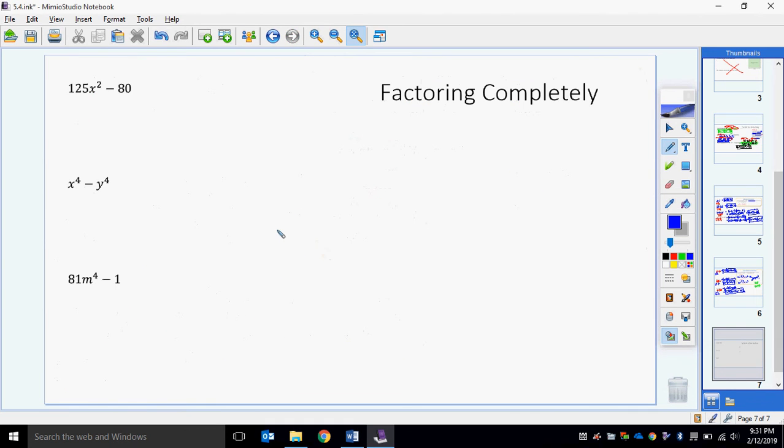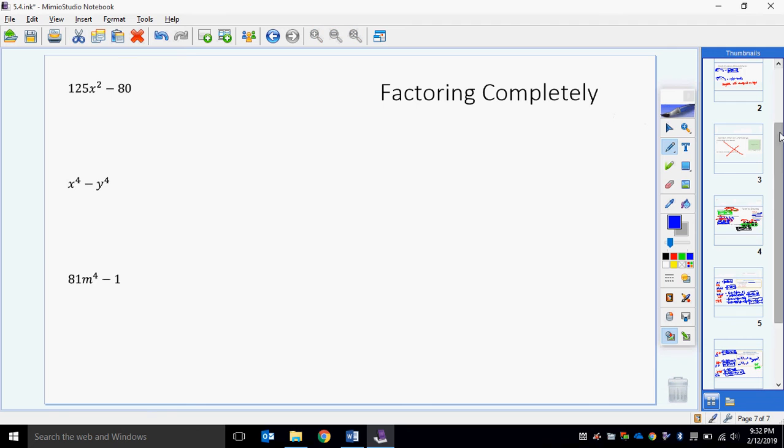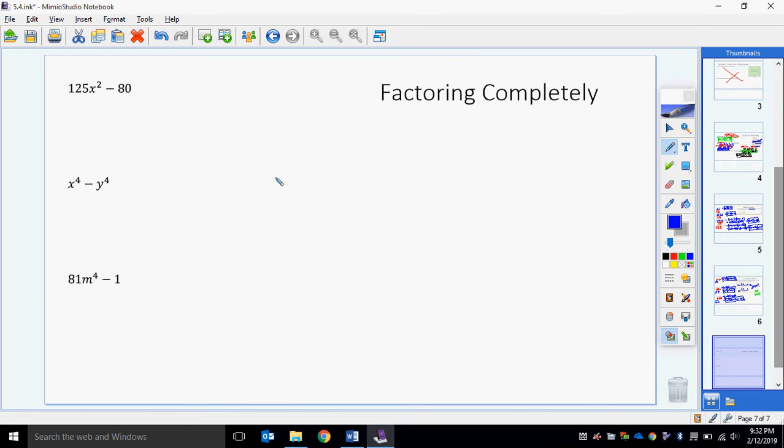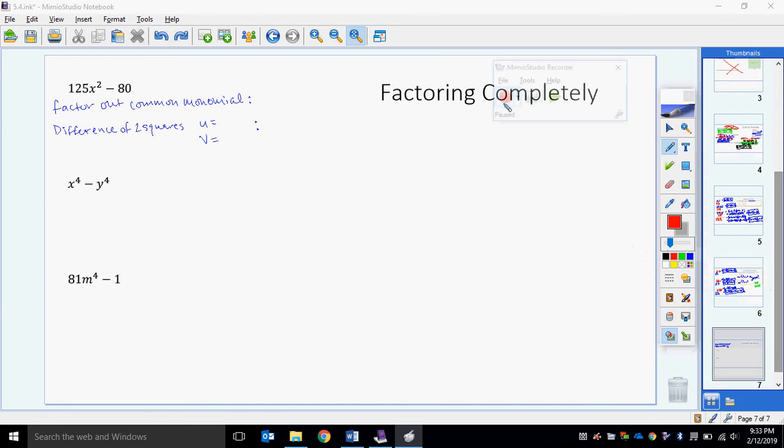Okay, the last three are factoring completely. So it's going to be a combination of factoring monomials, factoring by grouping, and special factoring that we just talked about, such as difference of two squares or sum and difference of two cubes.